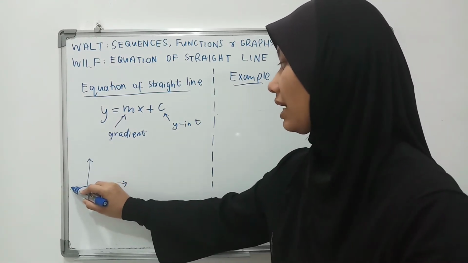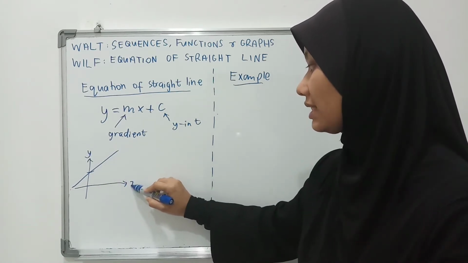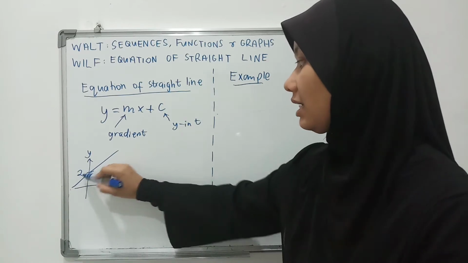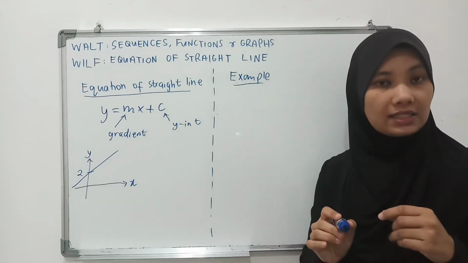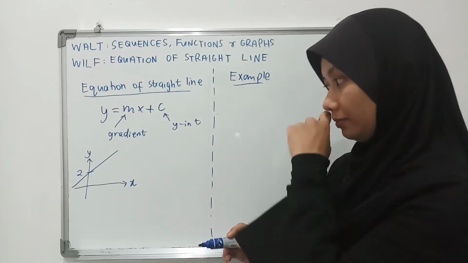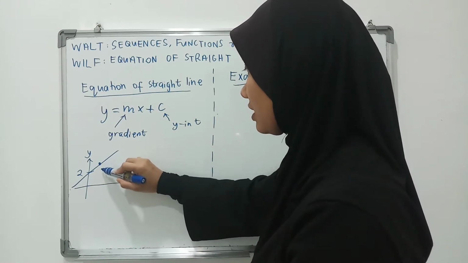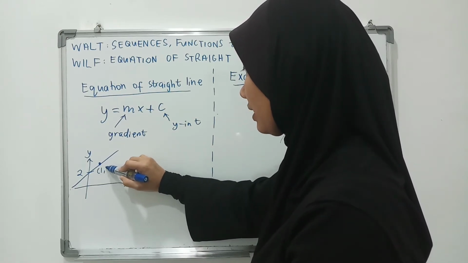So this is my graph, this is my y-axis, this is my x-axis. Let's say the y-intercept is equal to 2. Now you are given 2 points. Let me put the first coordinates (1, 3).